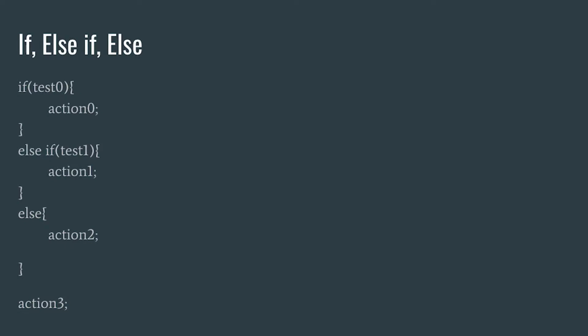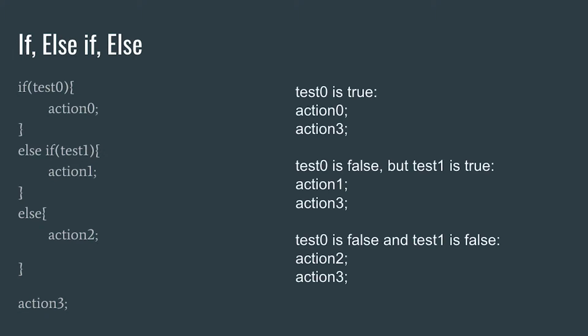So in this example, we're deciding if we're going to do action 0, action 1, or action 2. We're going to pick either action 0, action 1, or action 2, and then do action 3. Action 3 is not in the if-else chain, so we're always doing action 3. So for example, if test 0 is true, we're going to do action 0, action 3.